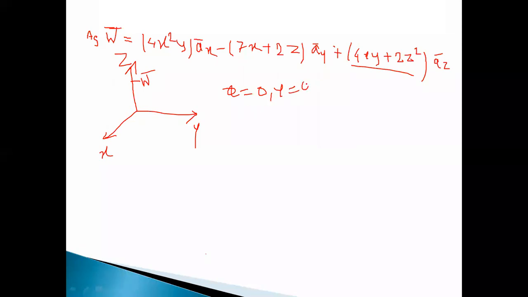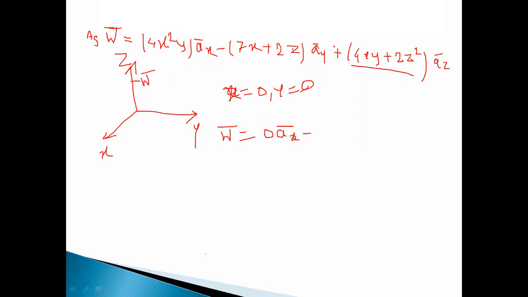So if x and y are equal to 0, you should first write the equation for W bar by putting x equal to 0 and y equal to 0. Then we get W bar as plus 0 a bar x, right?